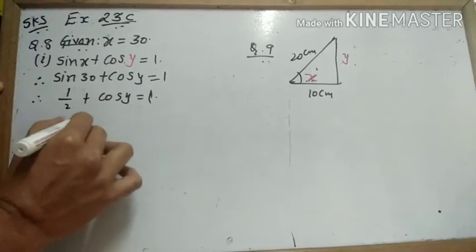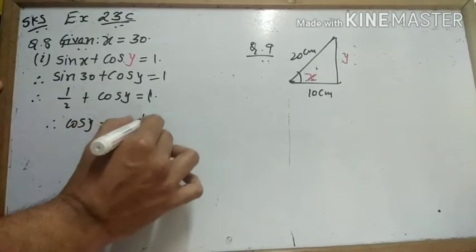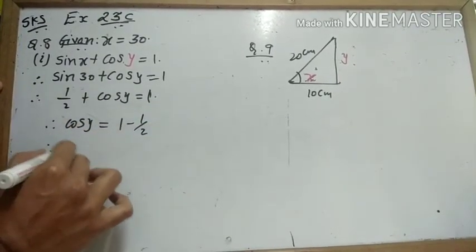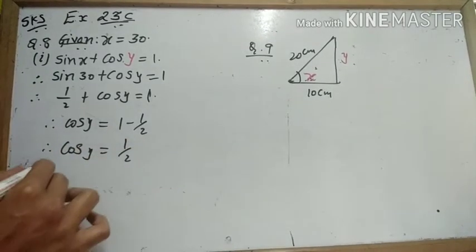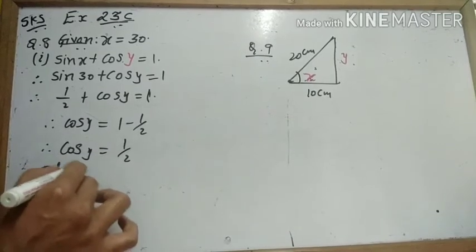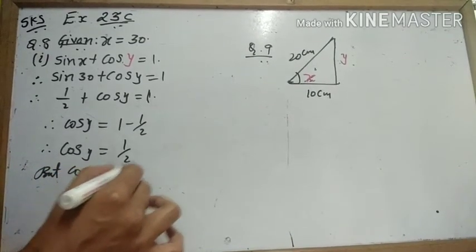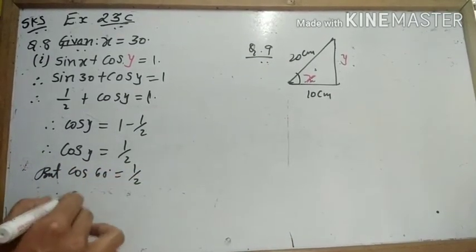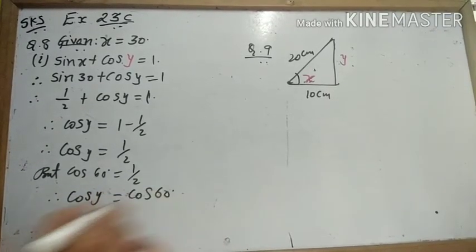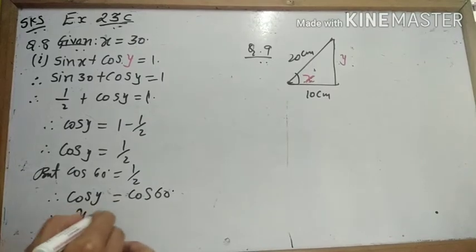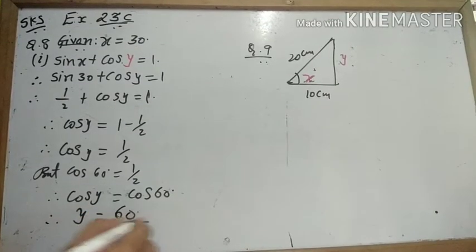So cos y will be equal to 1 minus 1 over 2, and from this you can say cos y is equal to 1 upon 2. Again, if you see the tabular values, then cos of 60 degree is equal to 1 upon 2. Therefore cos of y will be equal to cos of 60 degree, and removing the function, y will be equal to 60 degree.